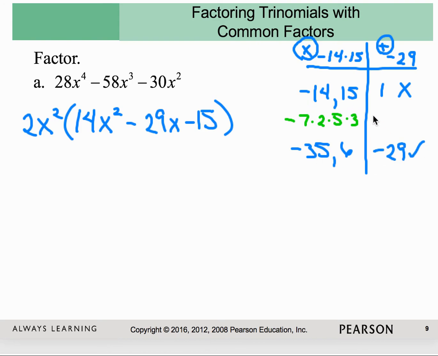It just takes practice, guys. Hopefully this makes sense. Let me know if not. Now, once I figure that out, I just gotta rewrite my problem. And I'm gonna put the minus first so I don't have to worry about that.